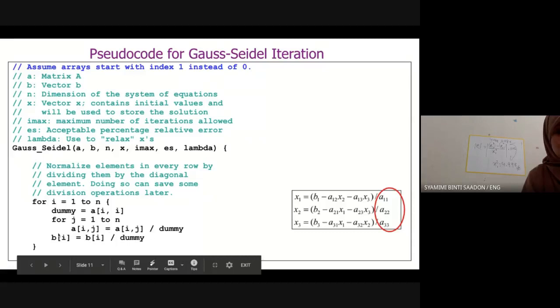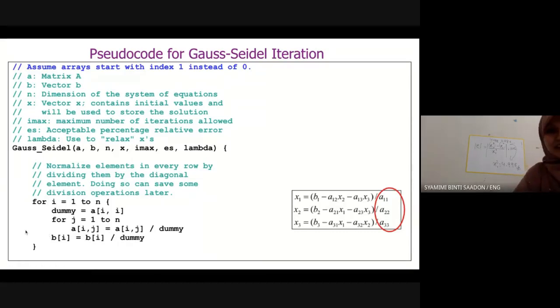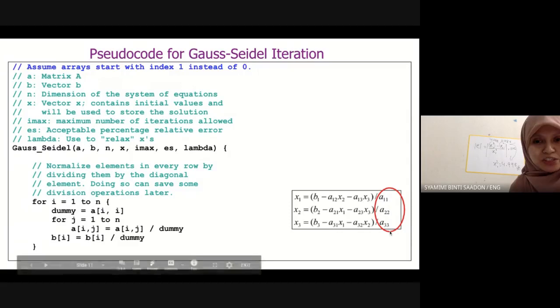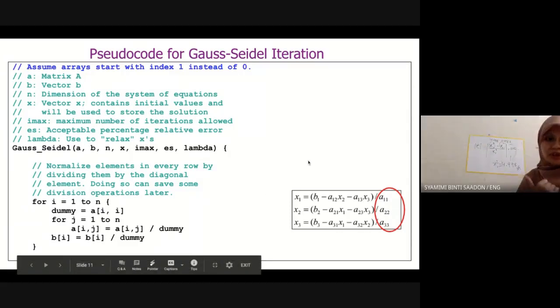This is just an example, it doesn't mean this is the only method or steps to program the Gauss-Seidel. So for example, you have i from 1 to n, and then we call it the dummy, or anything you want to call it. The matrix A11, A22, A23 means, for example, the first round.